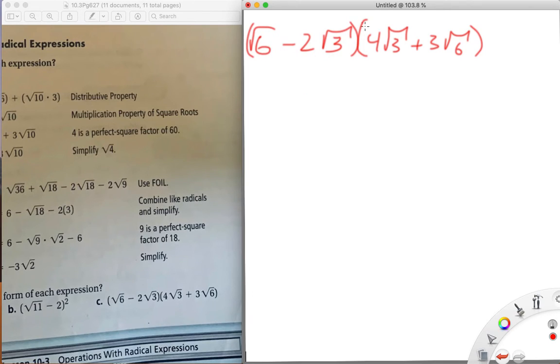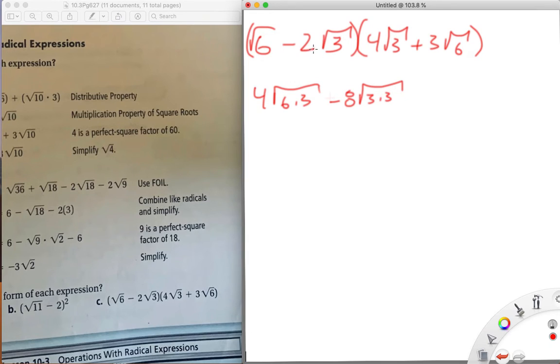So when I multiply this again, I'm using FOIL. So it's going to be 4 times the square root of 6 times 3, right? The first two, plus negative 2 times negative 4. So it's going to be negative 8, 2 and 4, and then 3 times 3.